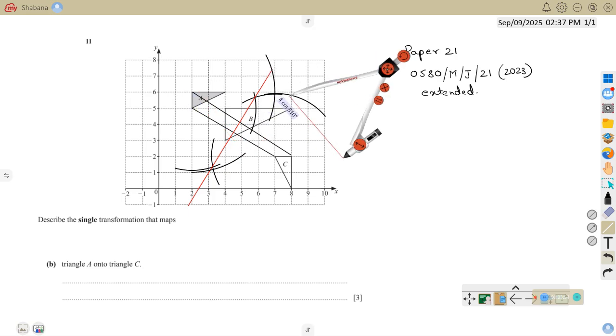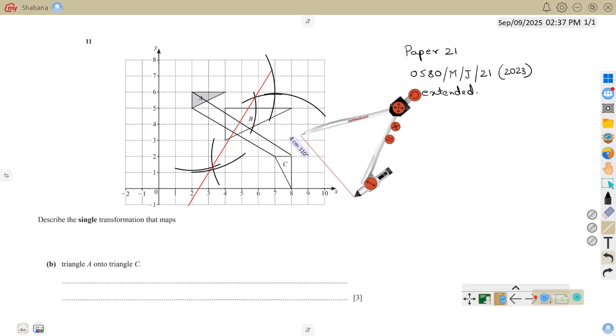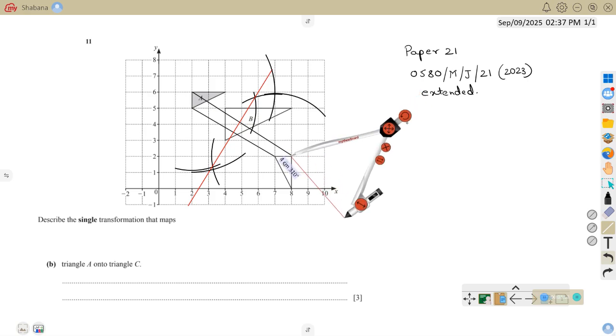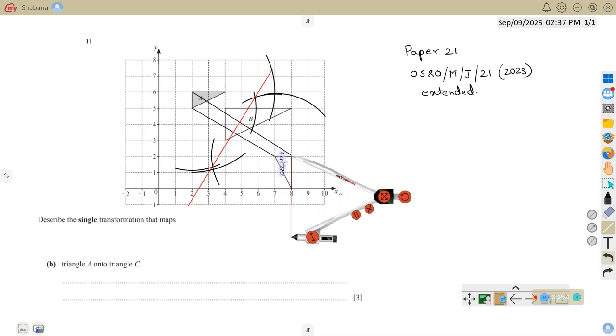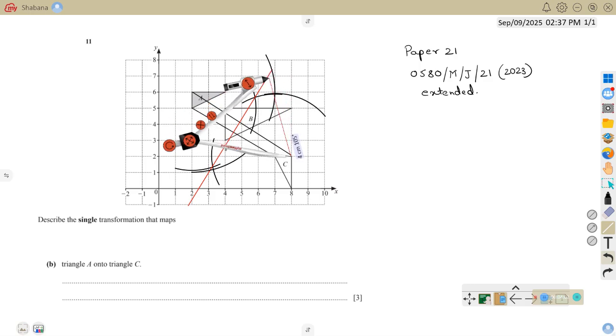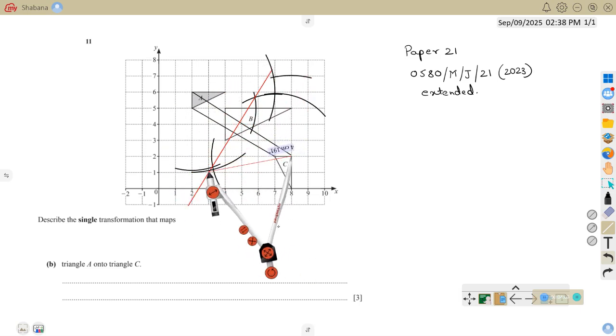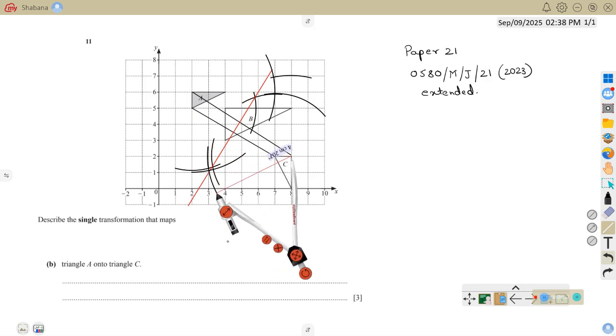Oh, the color is not changed. Okay, anyhow, cut it. So this is the point.